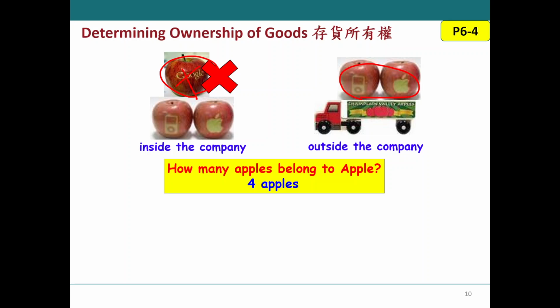So there are two situations we want to talk about. In your company, are you sure that's yours? Not in your company, are you sure that's not yours?